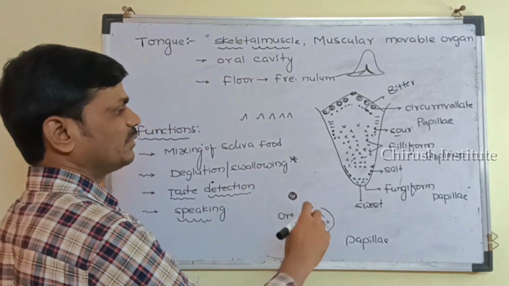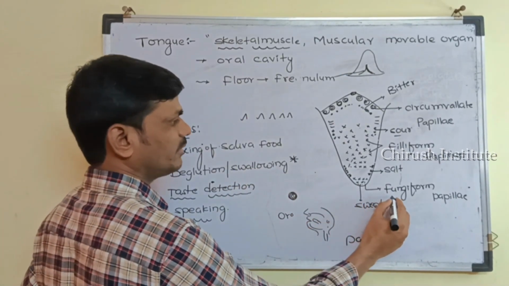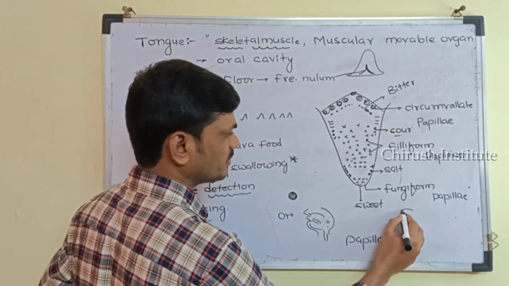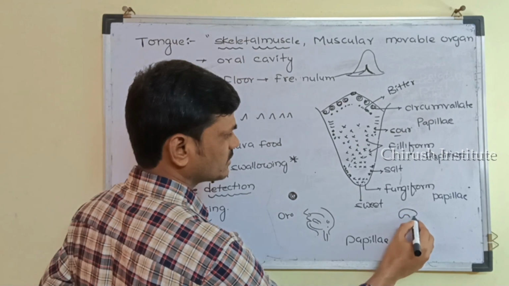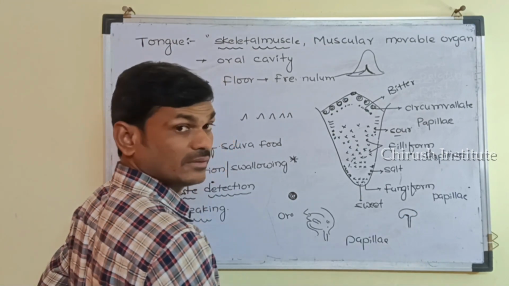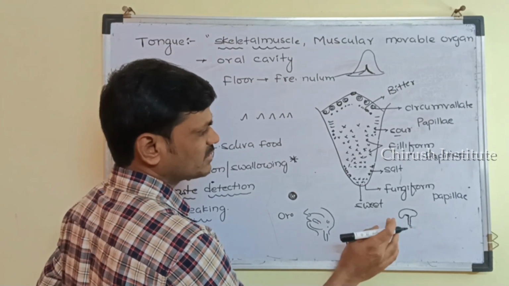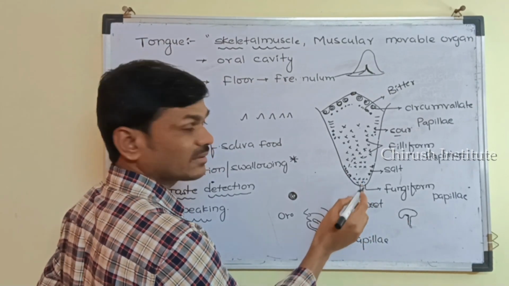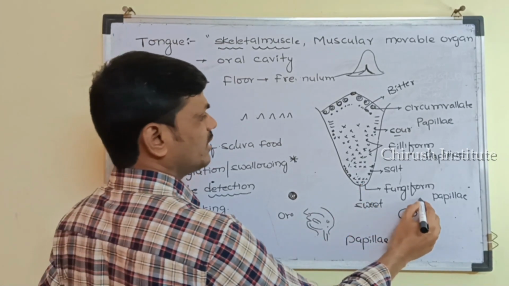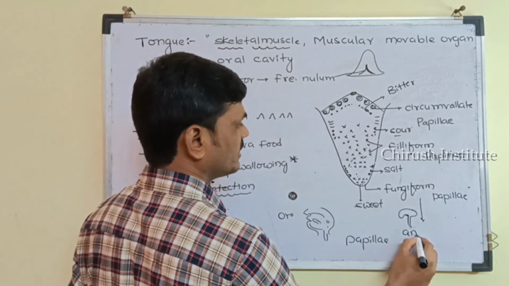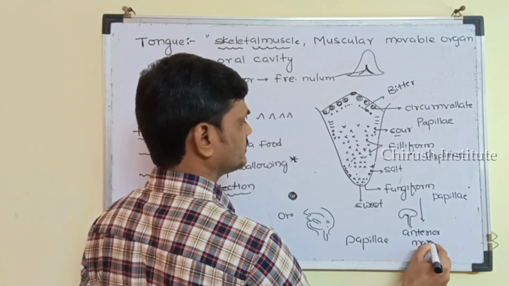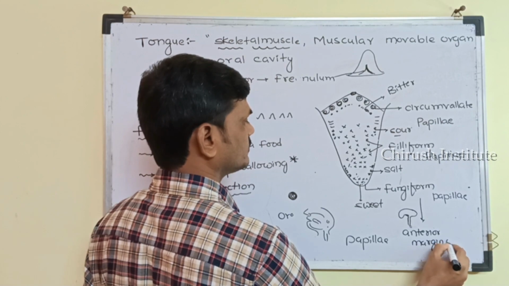The first papillae in human beings are the fungiform papillae. Fungiform papillae are mushroom shaped, like this. This type of elevation is present on the anterior margin of the tongue.